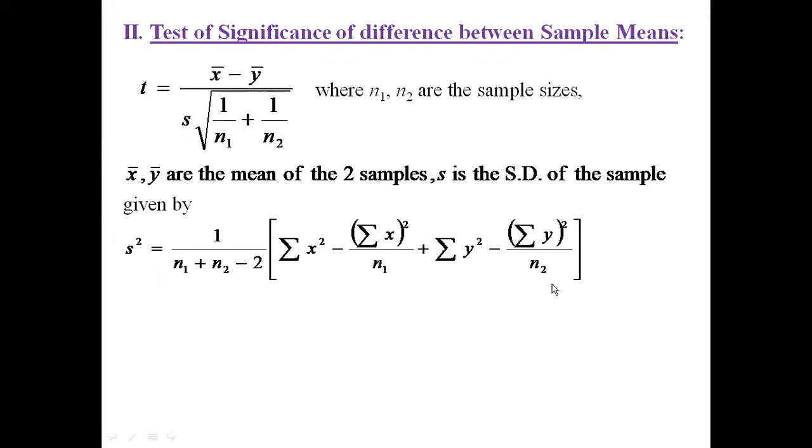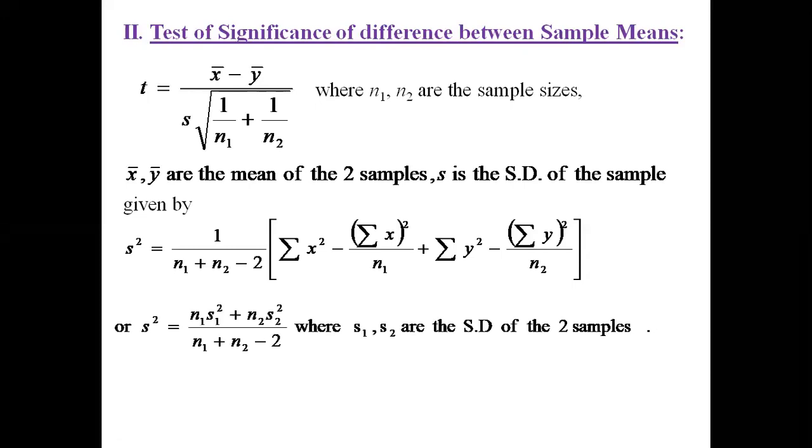The formula is similar to the single sample, but here it is summation x square minus sum of all x whole square divided by n1 for the first sample, and for the second sample summation y square minus sum of all y whole square divided by n2. With this variance S square, we can easily obtain S, the standard deviation of the sample.